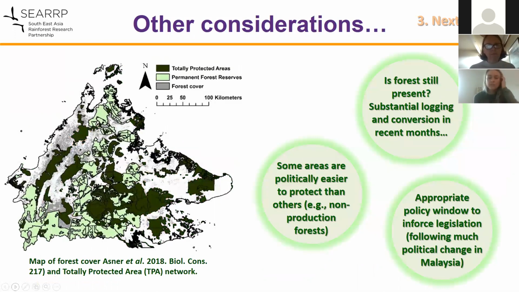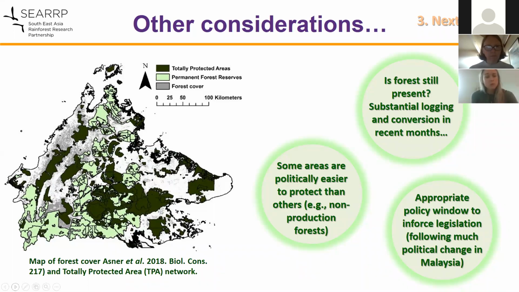To finish off on my part, there are a few other considerations that you have to take into account in terms of moving forward. This map shows the totally protected areas, and in light green, I want to draw your attention to the permanent forest reserves. These are areas under forestry jurisdictional control, essentially. Some areas are politically easier to protect than others.